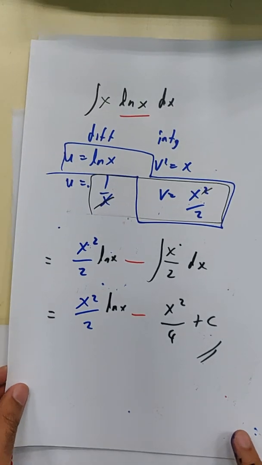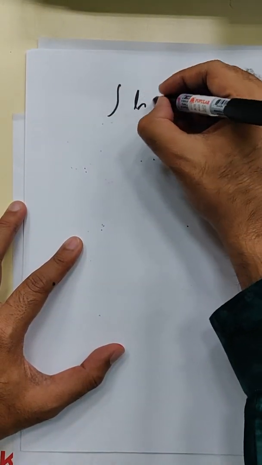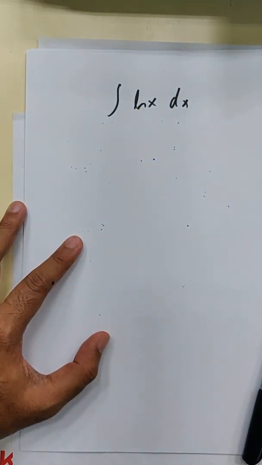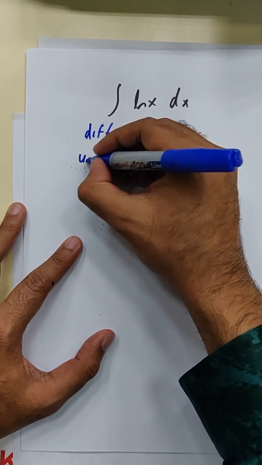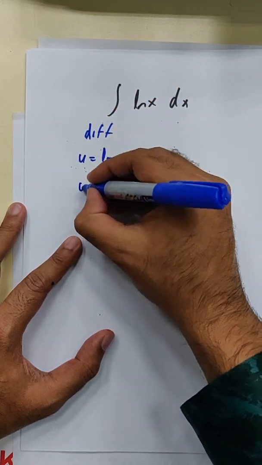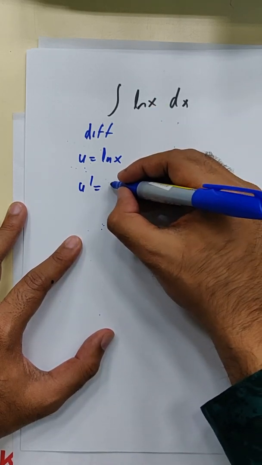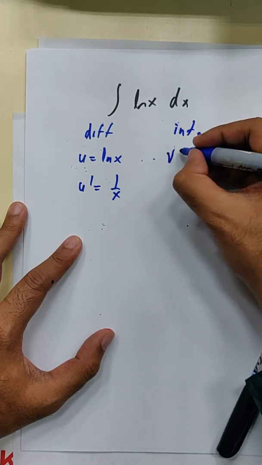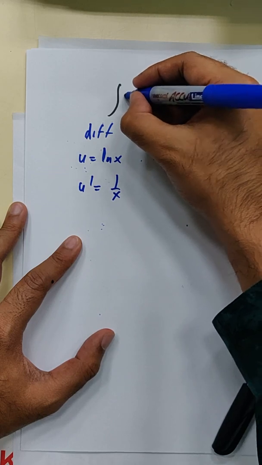Alright, good enough. Okay, but what if I ask you to just integrate ln x? If you see integration of ln x, it means immediately it's by parts. The idea is the same because you need to differentiate ln x. You cannot integrate ln x. Over here we integrate 1.